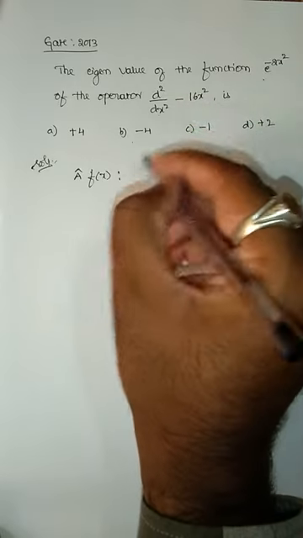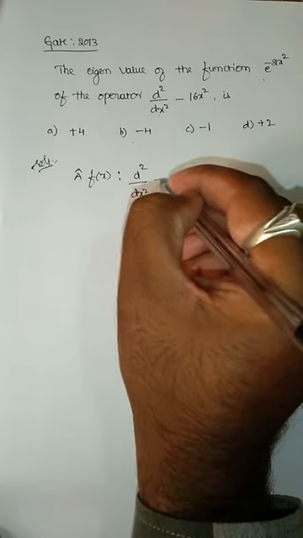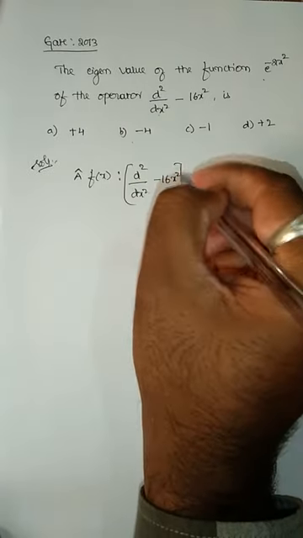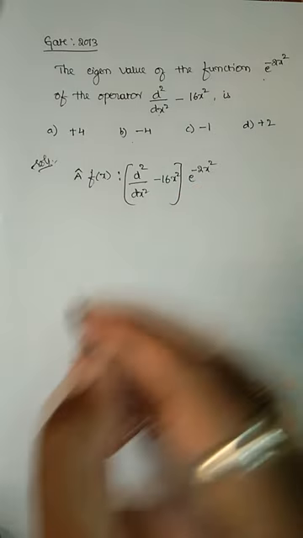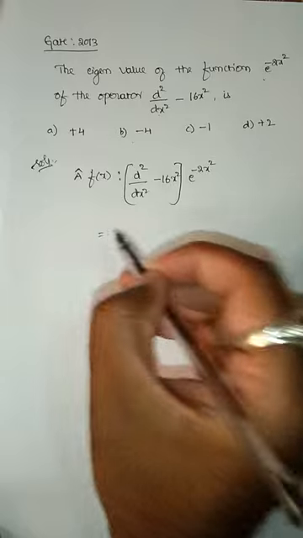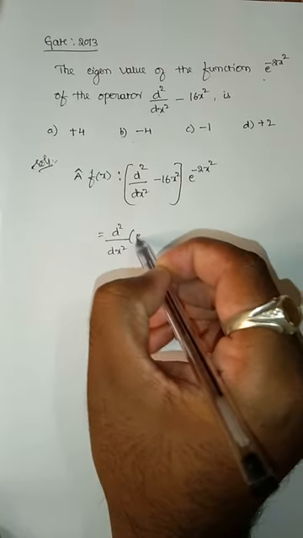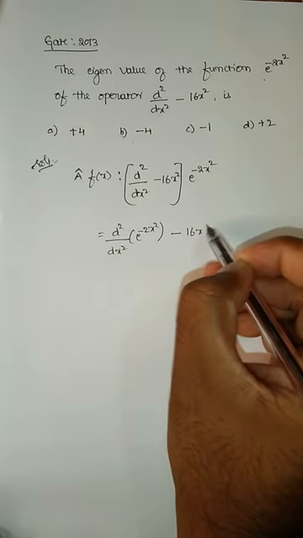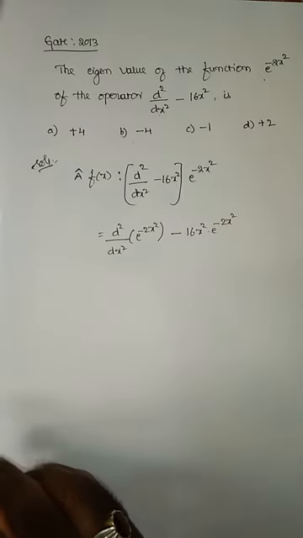So now we shall solve it. We multiply: d square by dx square of e power minus 2x square minus 16x square into e power minus 2x square.